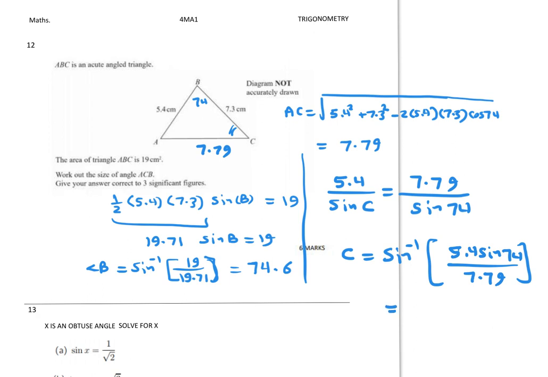The angle to three significant figures is 41.8. So in this question we use the area of a triangle to find angle B, then we use the cosine rule to find AC, then later use the sine rule to find angle C.